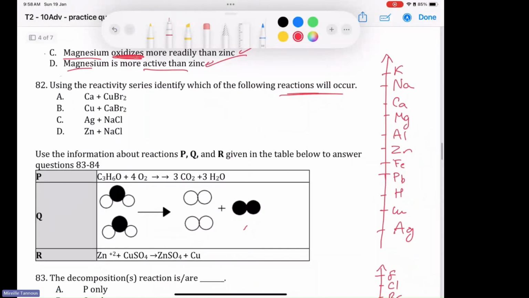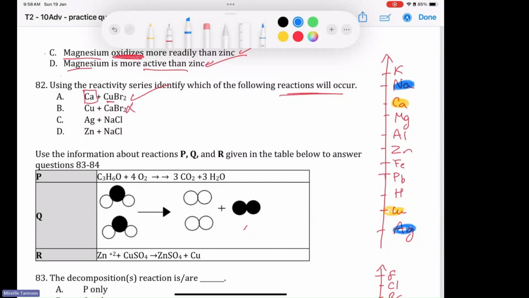Okay, so here, calcium and copper. Calcium is more reactive than copper. Copper cannot replace calcium. It's basically the first choice. Whatever you want to do, the element here must be higher than the one here. Look, Ag is here and sodium is here.